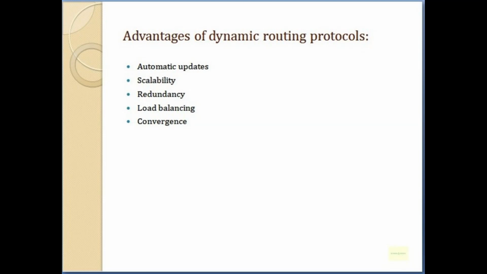Next up, we have redundancy. Dynamic routing protocols can detect link failures and reroute traffic along the best available path. This redundancy enhances network resiliency and minimizes downtime in the event of network failure. Next up, we have load balancing. Dynamic routing protocols can distribute traffic across multiple paths based on metrics such as link cost or bandwidth.